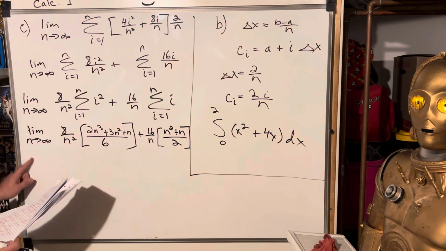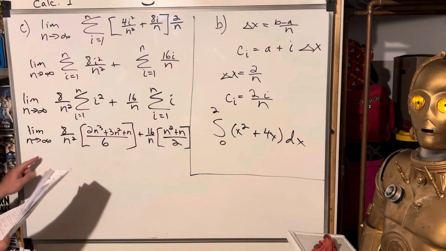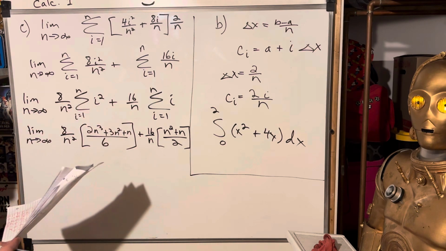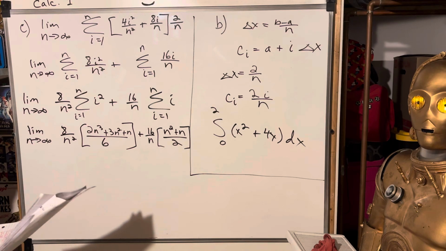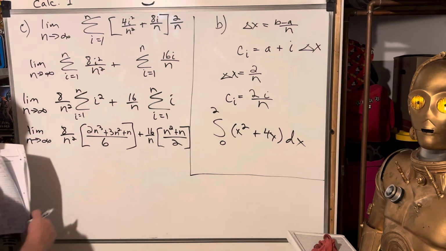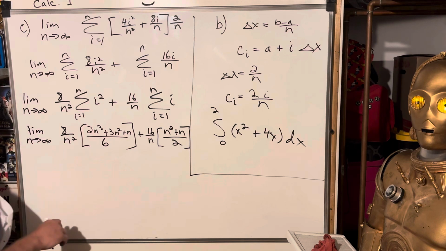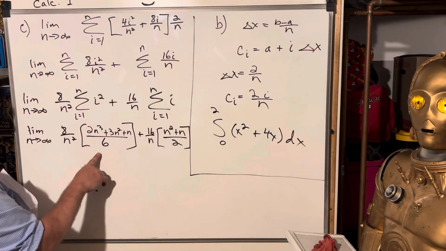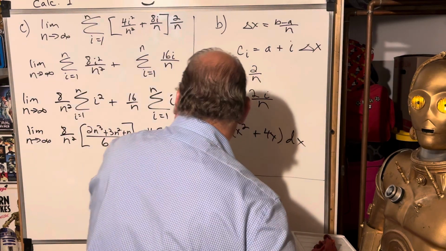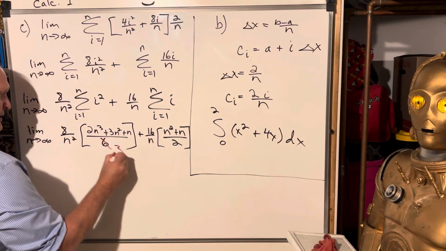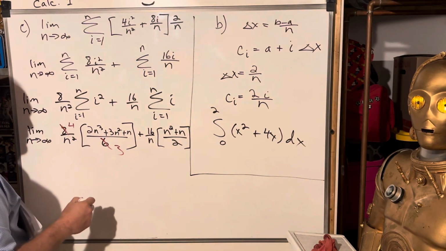Now we still have the limit going on, but we've gotten rid of the summations forever, and it's now just all algebra. We still have to look at the limits. We've got to see what's going to 0 and what's not. So what can we do? We can reduce here. That's 3, that's 4.